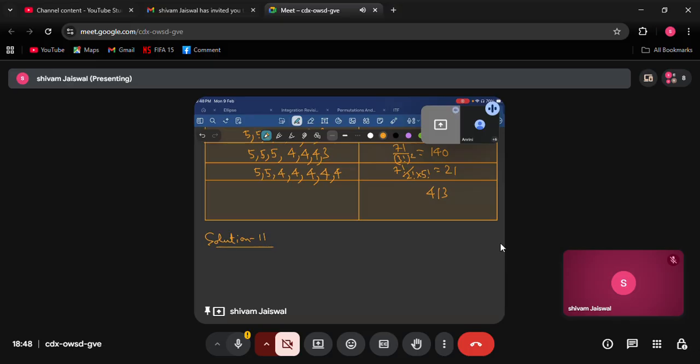It will be 1C1 into 3C1 into 4 factorial divided by 2 factorial minus 3 factorial divided by 2 factorial, plus 1C1 into 4C3 into 4 factorial minus 3 factorial. Okay. Plus 1C1 into 3C2 into 4 factorial divided by 2 factorial, plus 4C4 into 4 factorial. Okay, is it clear to everyone? Tell me.